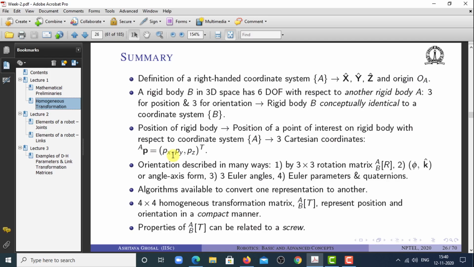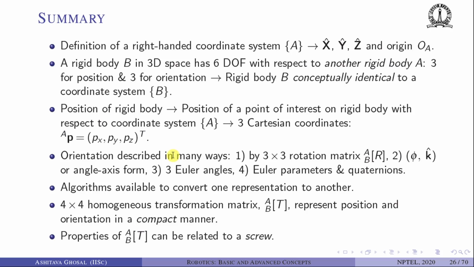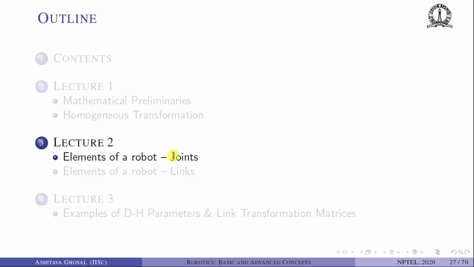I showed you that the properties of AB T in some sense relate to the general motion of a rigid body, which is nothing but rotation and translation along a line in 3D space. So it is similar to a screw motion. As I said, this is a summary of the last lecture.